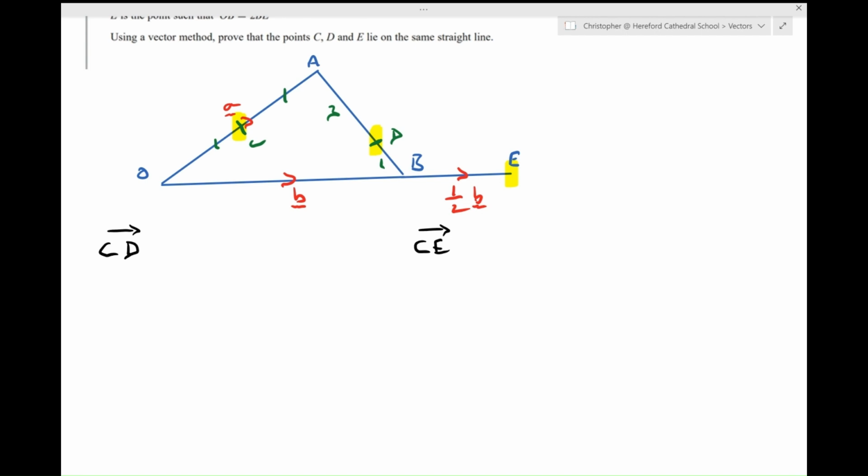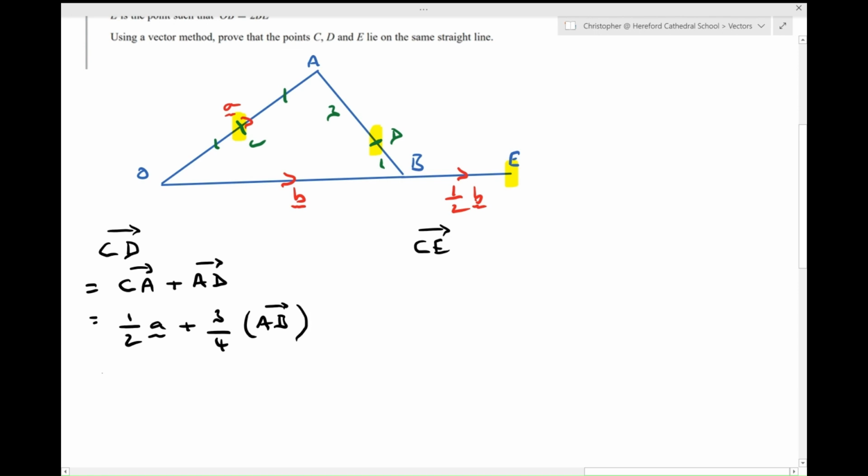Now CD is simply C to A plus A to D. Well, C to A is a half of a, and A to D is 3/4 of AB.